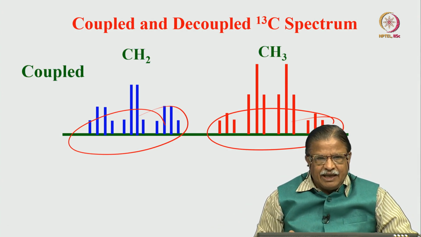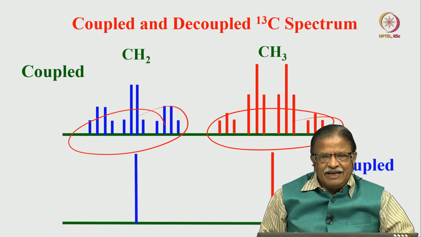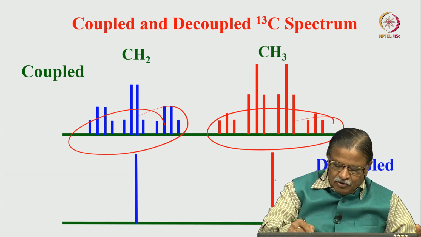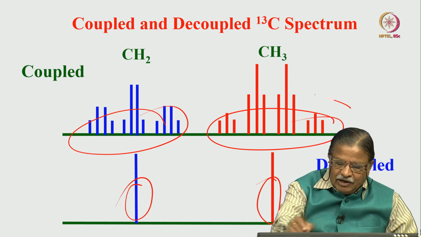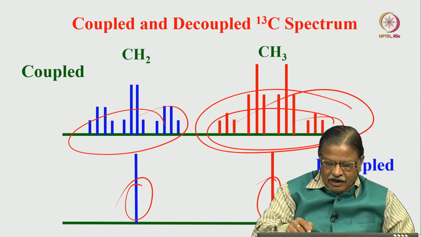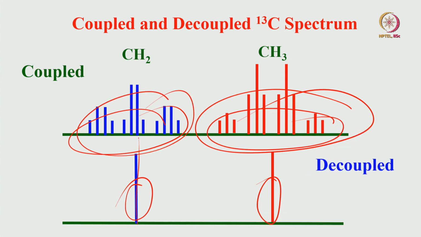So, in reality, this is a coupled spectrum, but what we get every day when we record the spectrum is like this: 2 peaks, one for this, one for this. Basically, we have reduced this complex multiplet pattern into a singlet. Similarly, all this complexity will disappear and give a singlet. So, you are going to get 2 peaks for carbon-13, one for the CH3 carbon and one for the CH2 carbon.